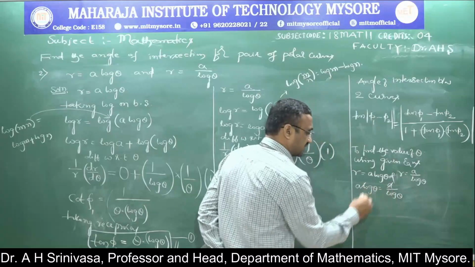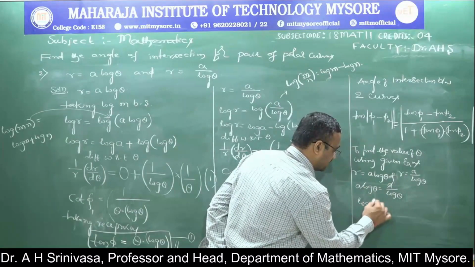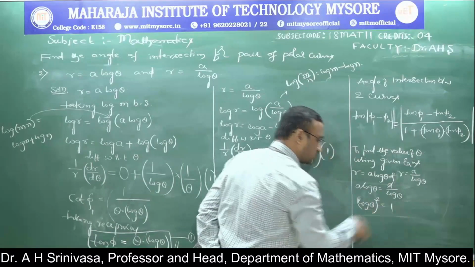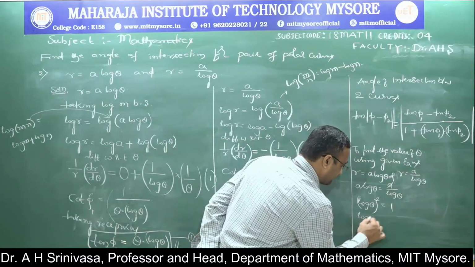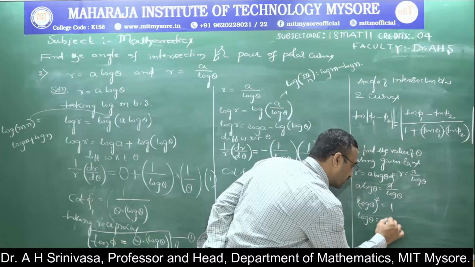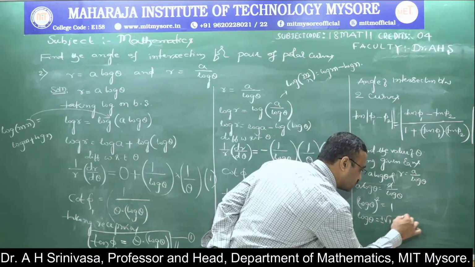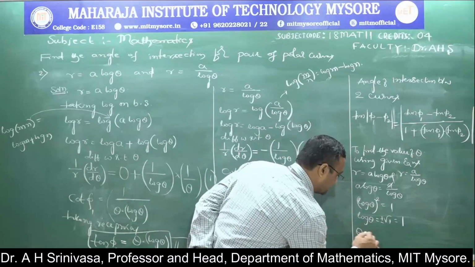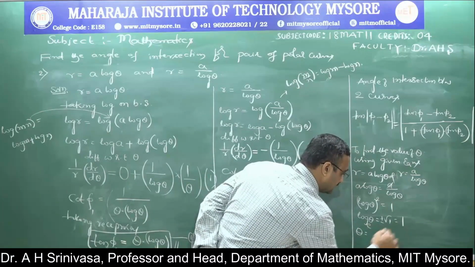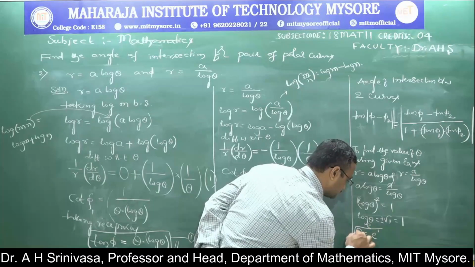The a's cancel. Cross multiplying, log theta whole squared should be equal to 1. Then log theta equals plus or minus square root of 1. We are choosing only the positive value. Then finally we get theta as the base e to the power 1.